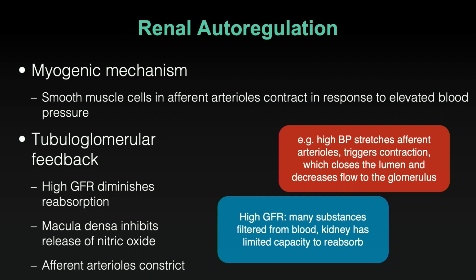The kidney can't reabsorb large volumes of these solutes if they've been expelled in large volumes, the kidney has a certain capacity with how much it can reabsorb. So if GFR is very high, there's a lot to reabsorb. Not all of the solutes can be reabsorbed, and that is sensed on exit from the nephron by cells in the macula densa.